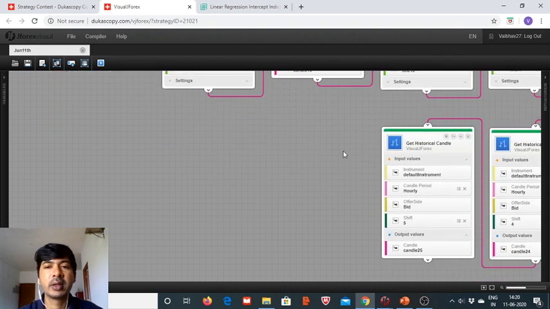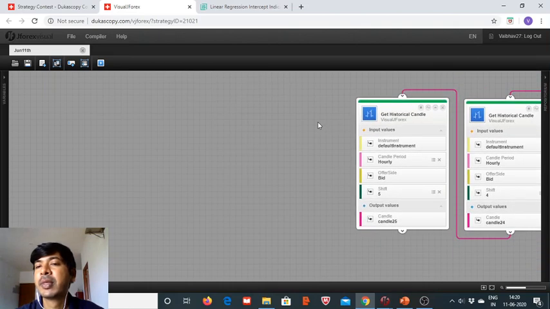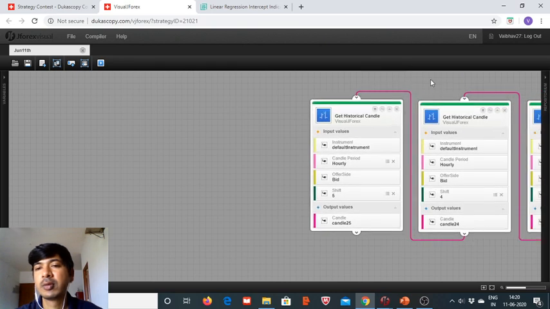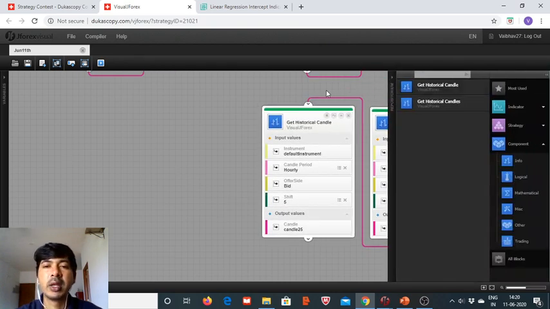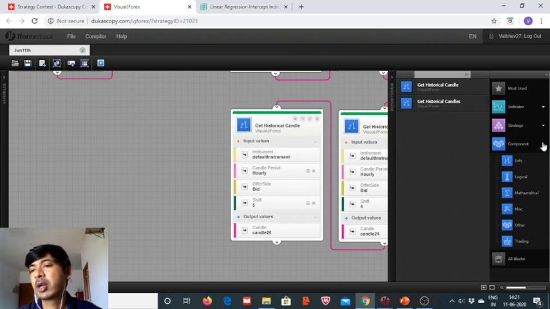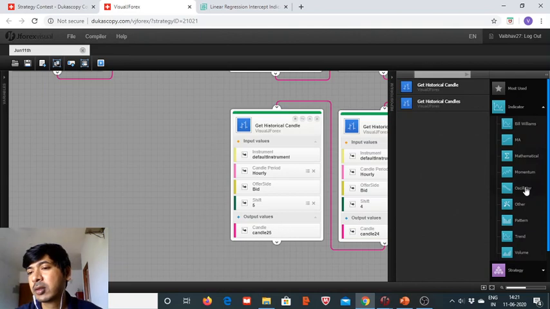And now for our entry and exit purpose, we will need the historical candles of 1 minute, and before that we will also need to take into consideration the ATR for calculating the stop loss and the target price.